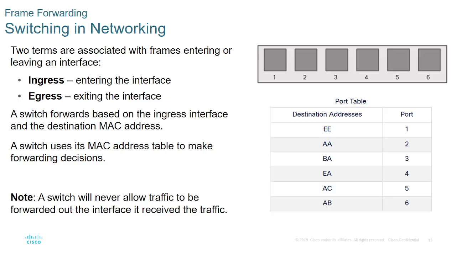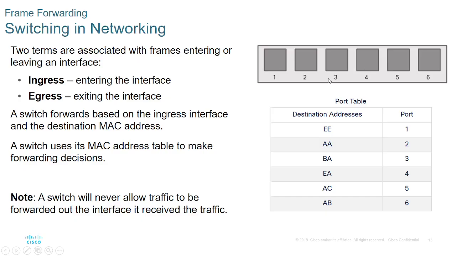So when a switch is receiving traffic from computer number 1, it will never send that same traffic back onto the port where computer number 1 is located. Let me repeat it again. If we have a PC on port 1 and it is sending out data, the switch will never send that data back onto the same port. It can send it on all other ports apart from the port where the data came from.